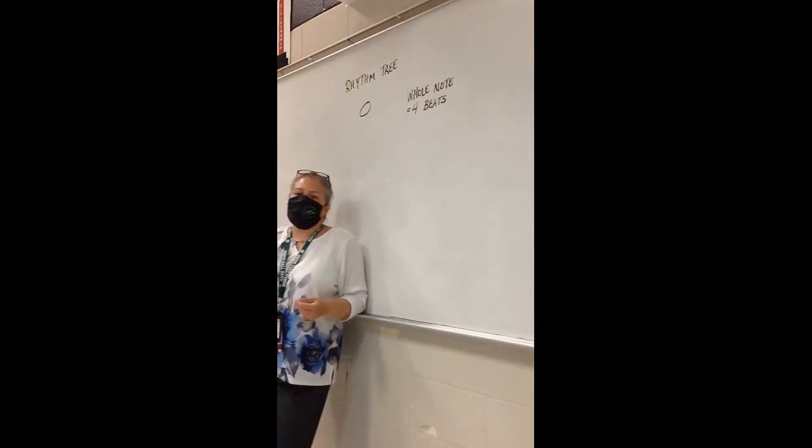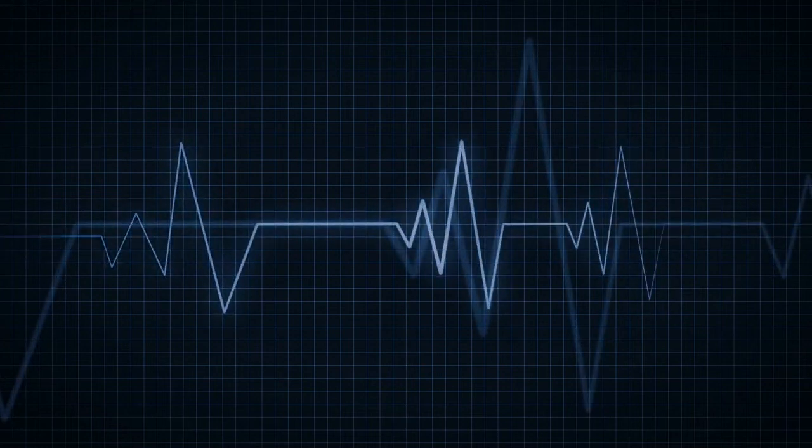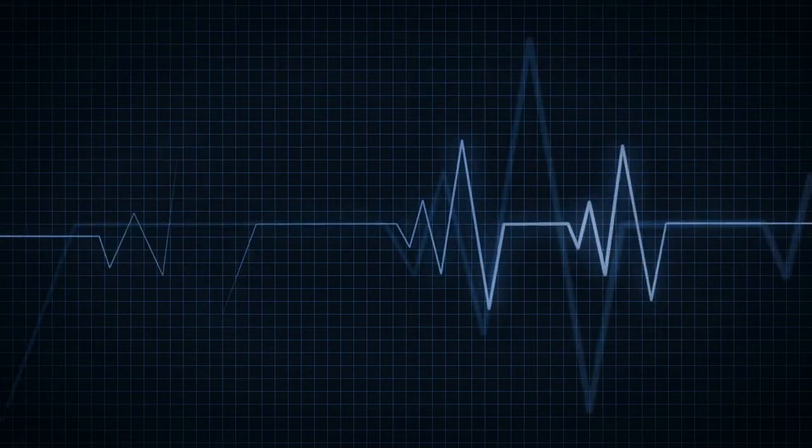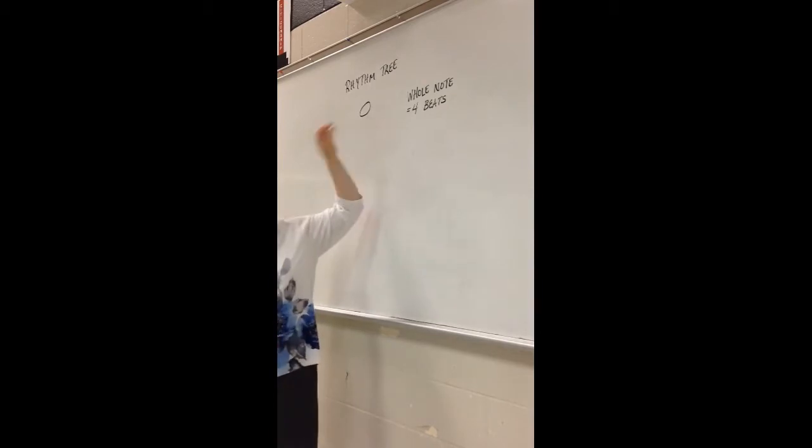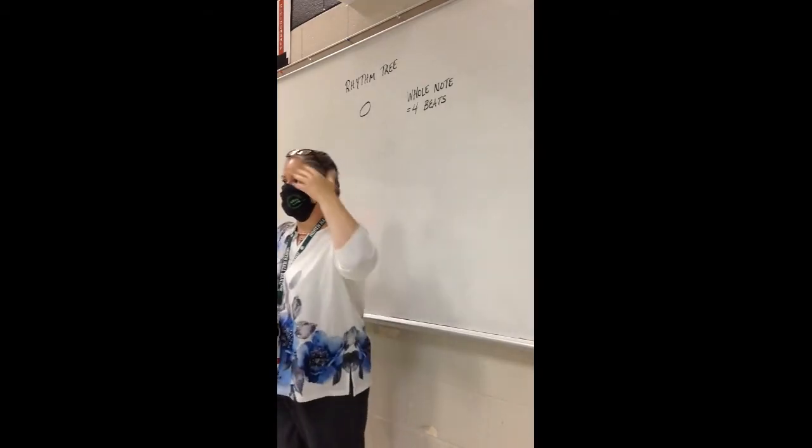A beat is like the pulse in music. We all have a heartbeat of our own, and that beat should always be going. If you're in the hospital and there's no heartbeat, that's what they call a flat line, and that's a bad thing, okay? So the heartbeat that you have is your own personal rhythm. In music, we have to be able to write symbols that can tell somebody else what's in our mind.